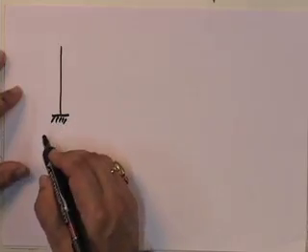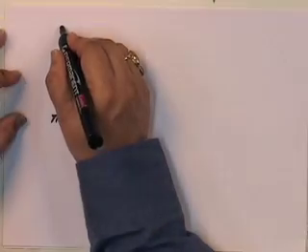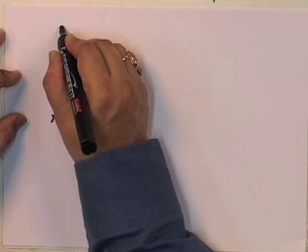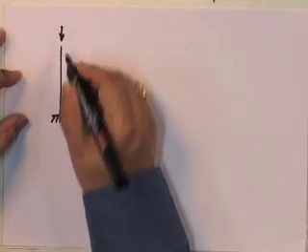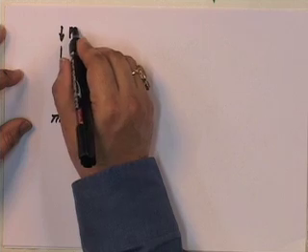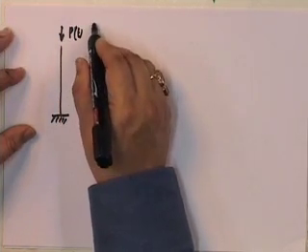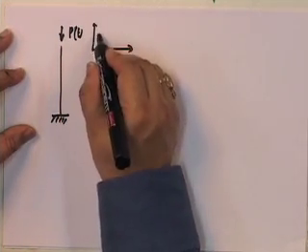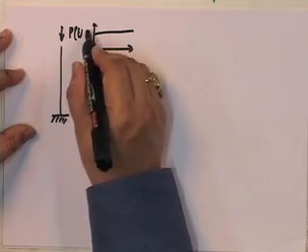Now, let us look at a situation which is a fairly common problem. Let us look at a pile with a suddenly applied load, and this suddenly applied load is also of the same form, P naught.